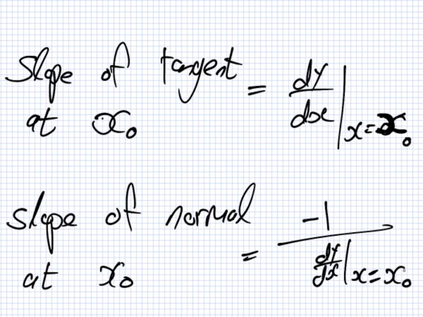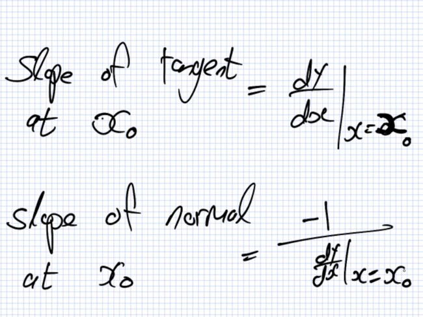But we don't want this one. We want to use the one that's perpendicular to the tangent. So I shouldn't use e. What should I use instead? Minus 1 over e. So now I have y equals mx plus c.